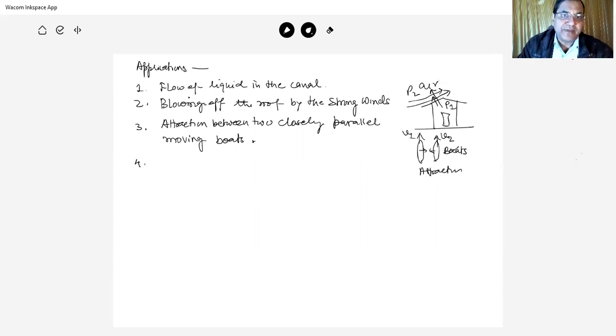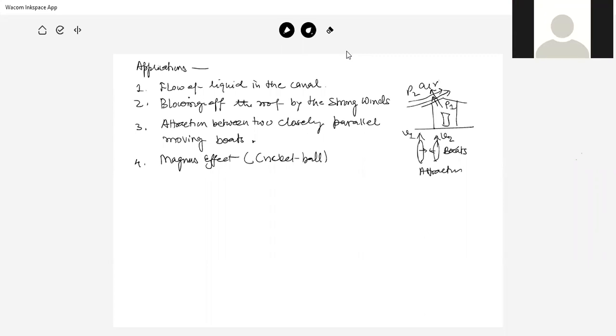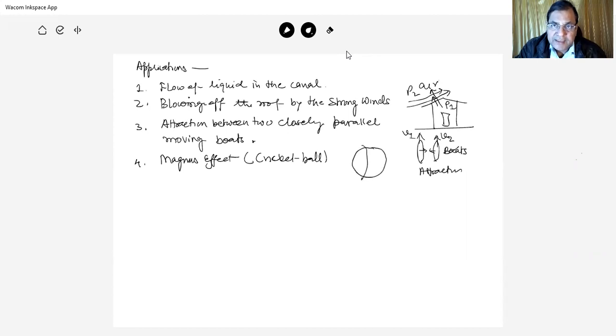Then Magnus effect. Magnus effect is related to a cricket ball. Because if there is a ball, then there are lines, and the force is something like V. The force is V plus minus R omega.